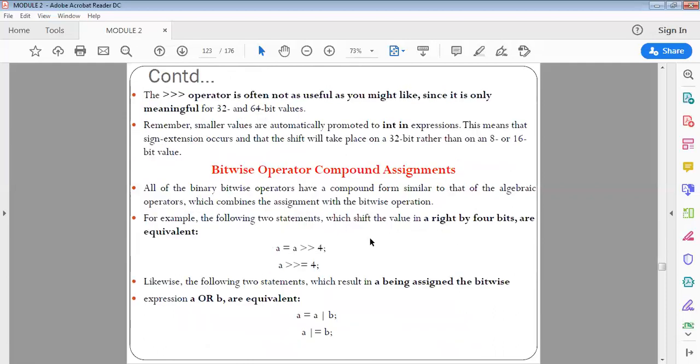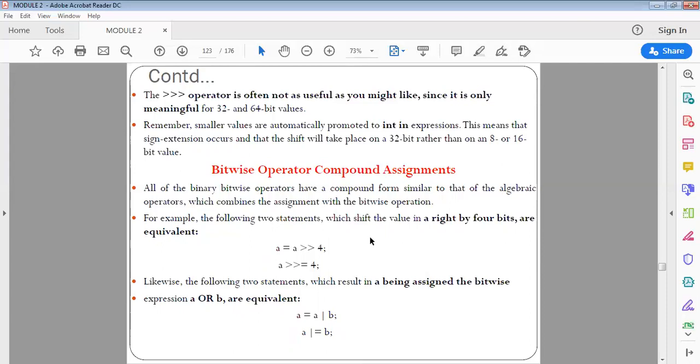Next you come to the bitwise operator compound assignments. All of the binary bitwise operators have a common form similar to that of algebraic, which combines assignment.